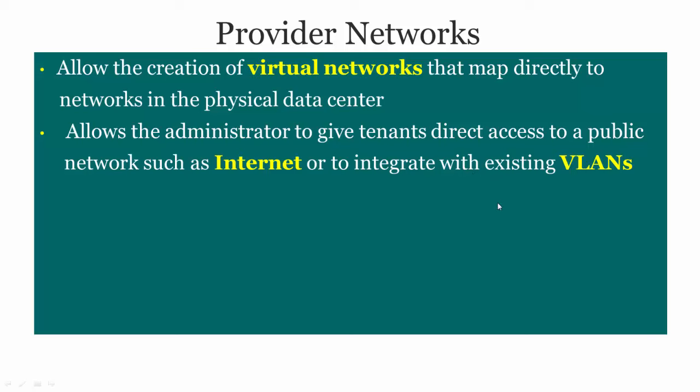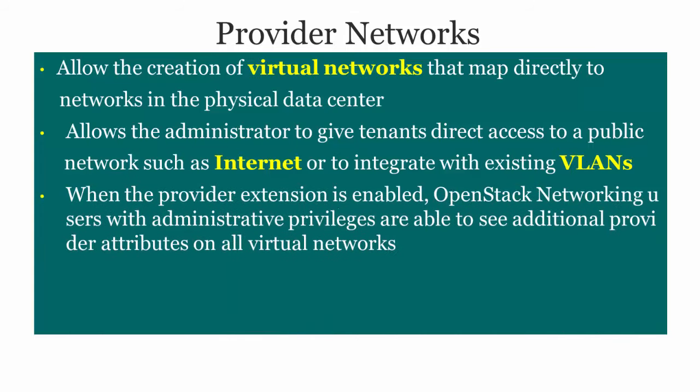For this purpose, the provider can use what? VLAN on the switch. When the provider extension is enabled, OpenStack networking users with administrative privilege are able to see additional provider attributes on all virtual networks. So for this purpose, you always need to check whether the provider extension is enabled or not.